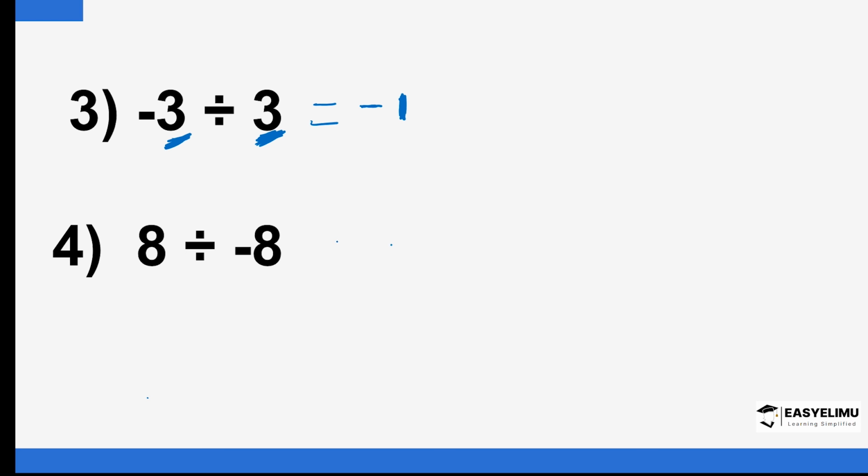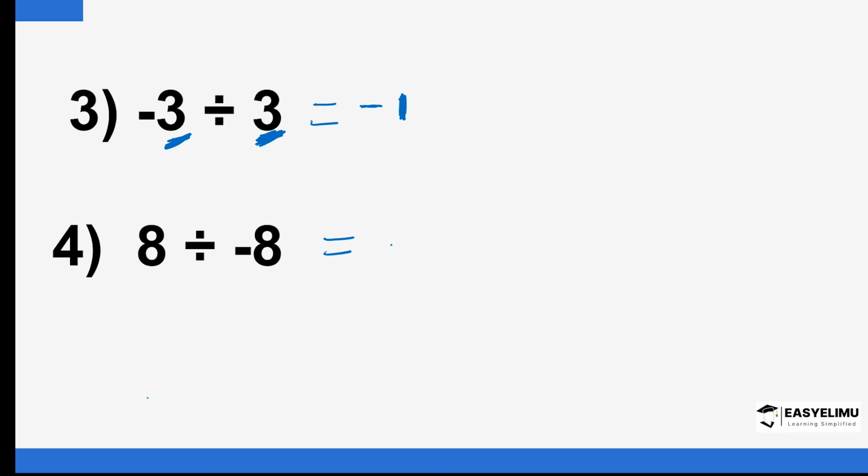The same applies to number 4 here. Again, remember, for directed numbers, the sign is normally written on the left-hand side of the number. So this is where the sign should be. But we said if it is positive, most of the time you don't write it. Just write 8.